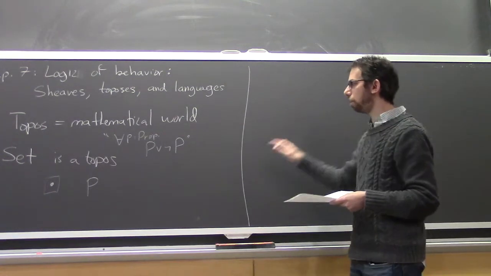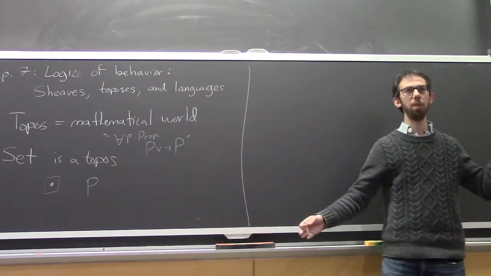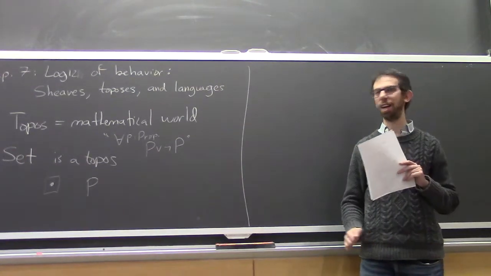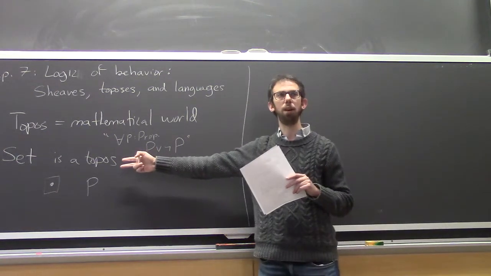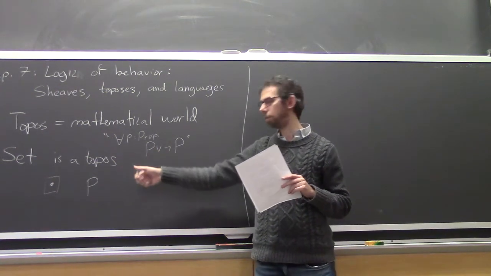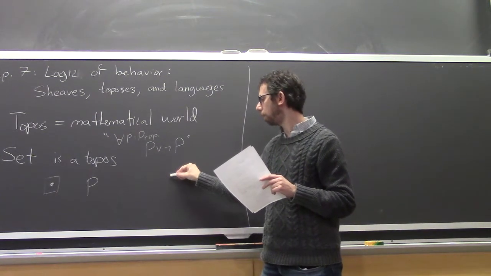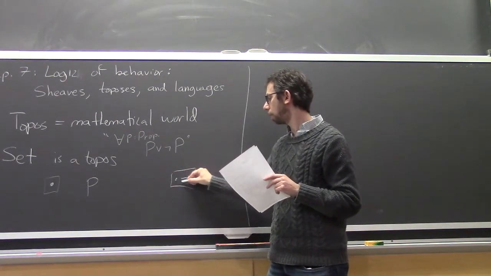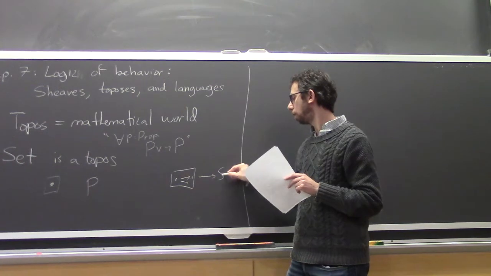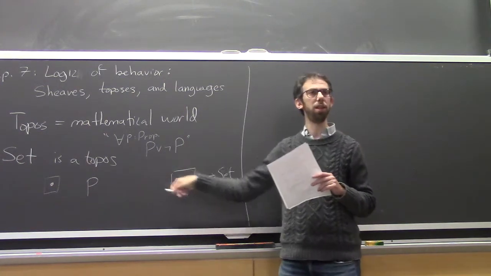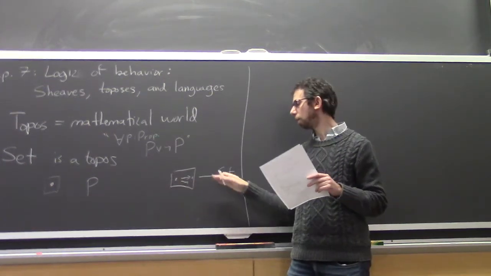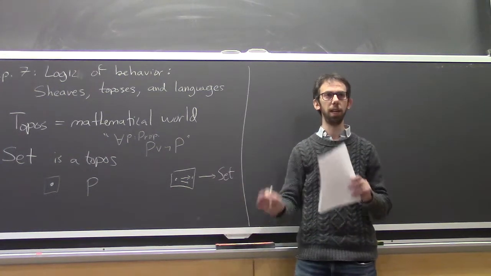Okay, so if you want to have everything I say happen twice, you could take everything I say about sets and replace it with the category of graphs. A graph, you've seen before, is a functor from this category to Set. Or you could fix any category here, any kind of database schema, and look at all the functors from that thing to Set, and you're going to get a topos.